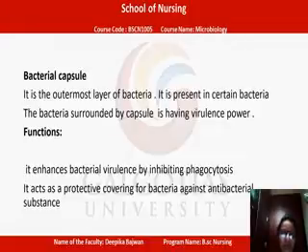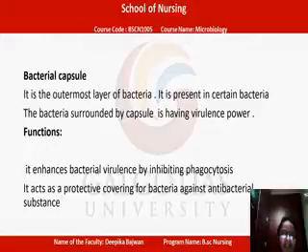Basically, what is the function of the bacterial capsule? It acts as a protective covering for the bacteria against antibacterial substances. The substances we use to kill that type of bacteria will take more time to kill them, because the capsule acts as a protective covering for the bacteria. That's why these bacteria have more virulence power.